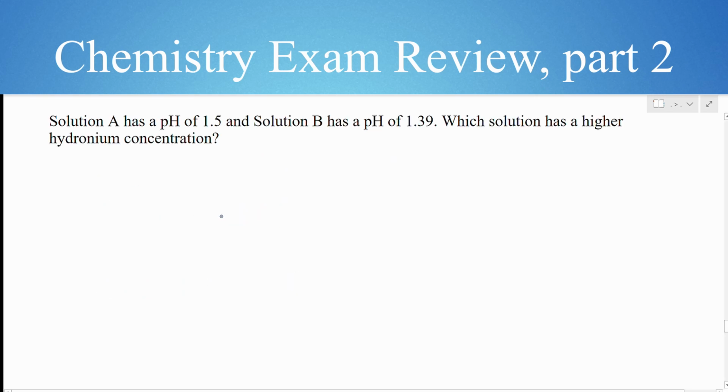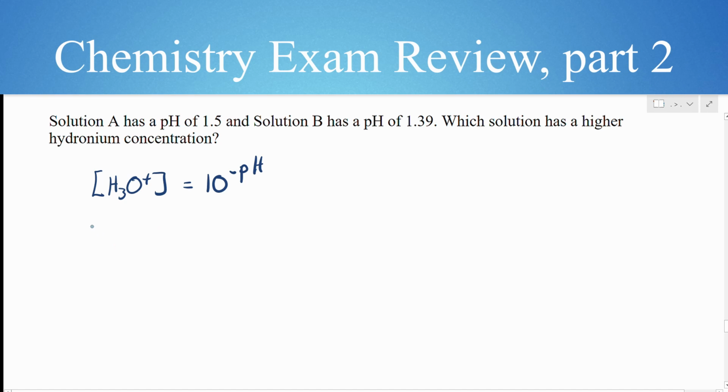Solution A has a pH of 1.5 and solution B has a pH of 1.39. Which solution has a higher hydronium concentration? Alright, so we want to find concentration. Which one has the higher one? And remember, when we are finding concentration, that's going to be equal to 10 to the negative pH. Given the pH values, we need to convert to concentration.